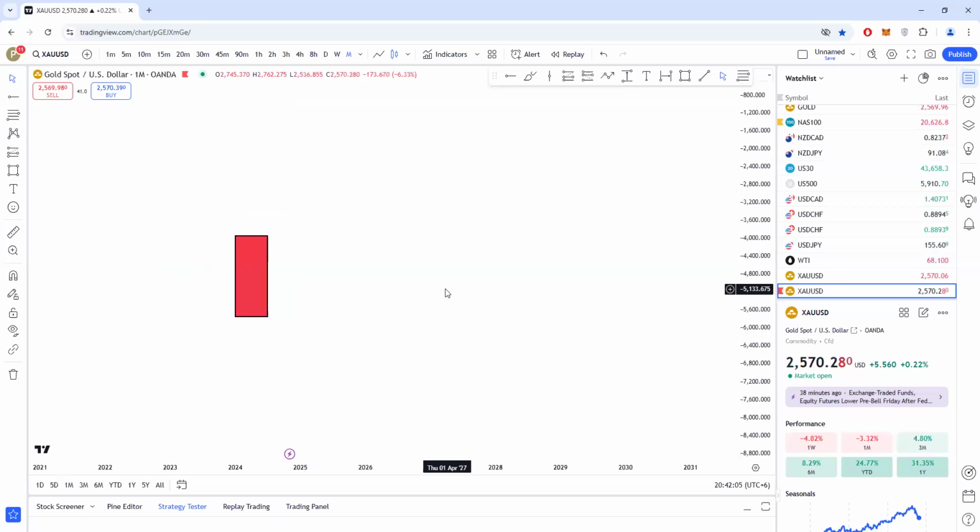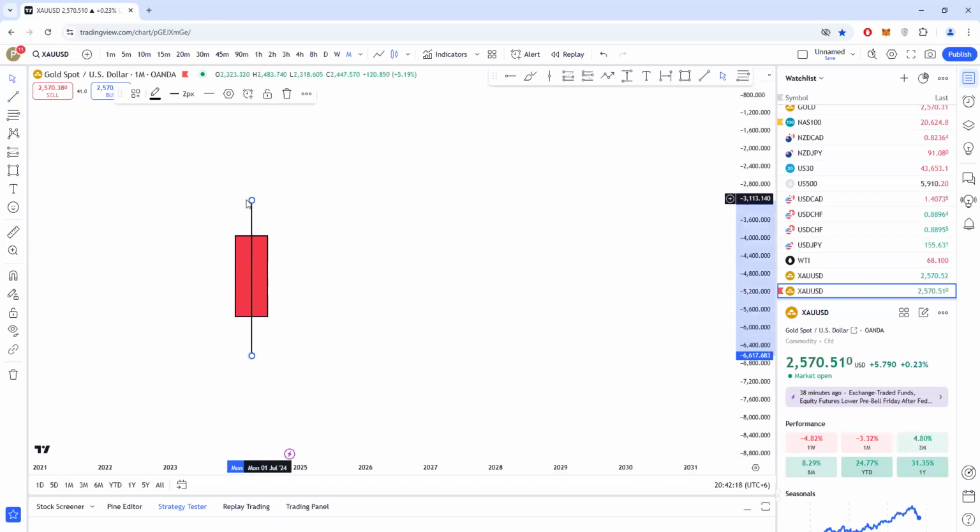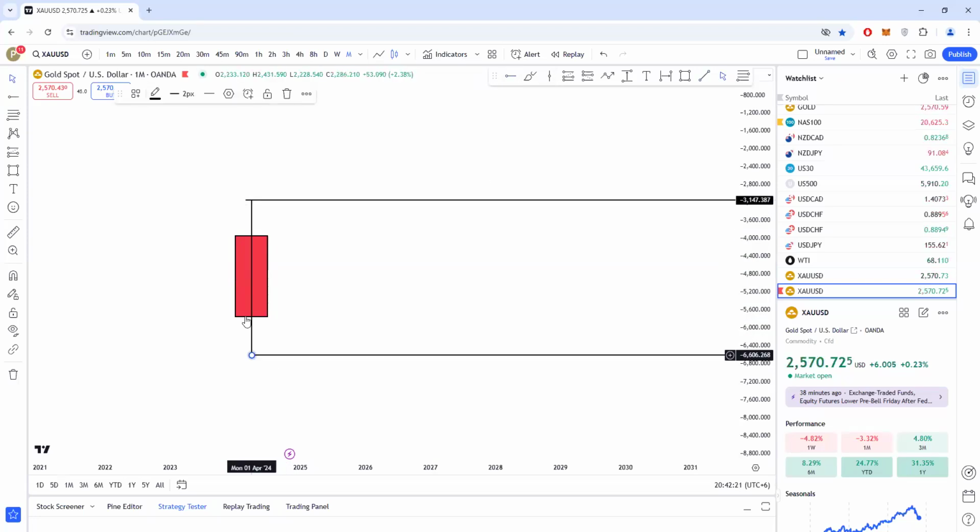Few people use black and white, yellow, green, whatever. As it's a red candle, and a red candle represents a sell in my specific chart. And as I also said, we will have a high and a low. So this is our high, this is our low. The remaining we have here as a closing and here as an opening.